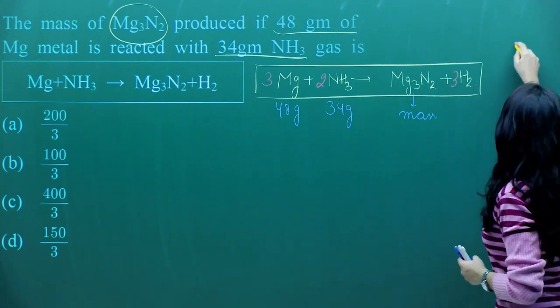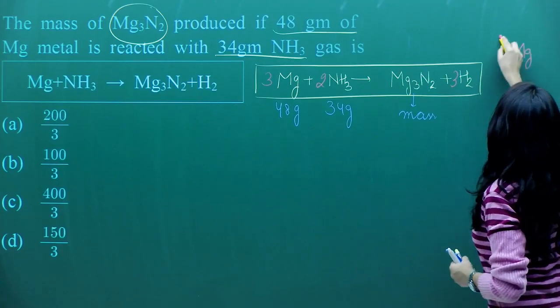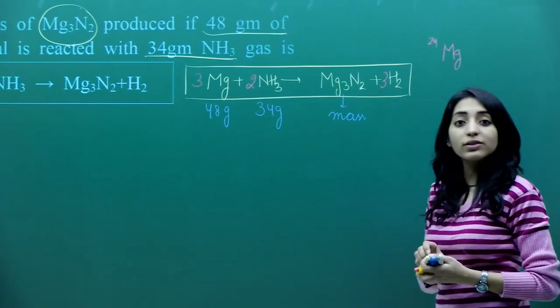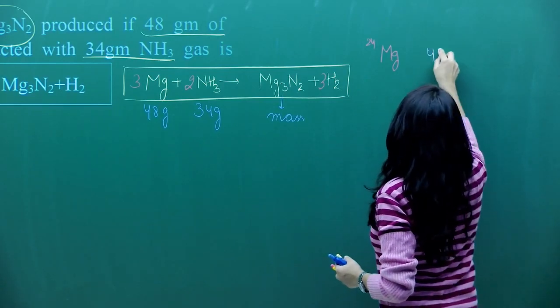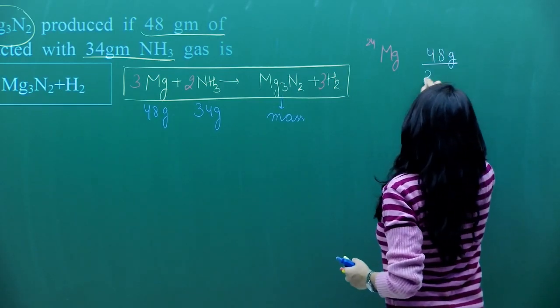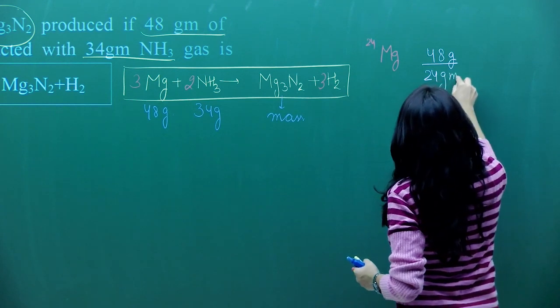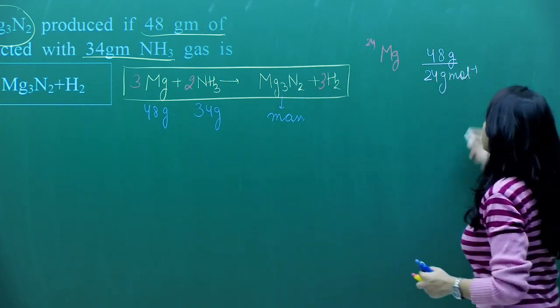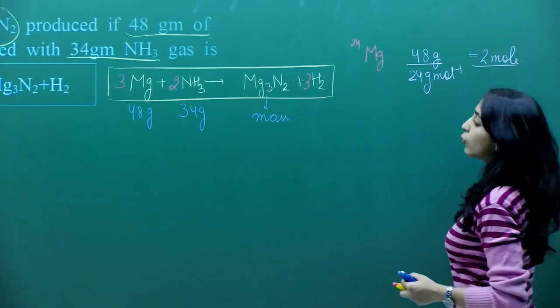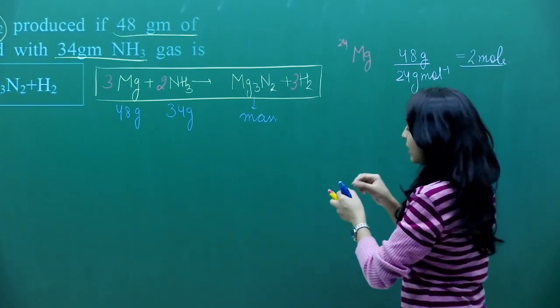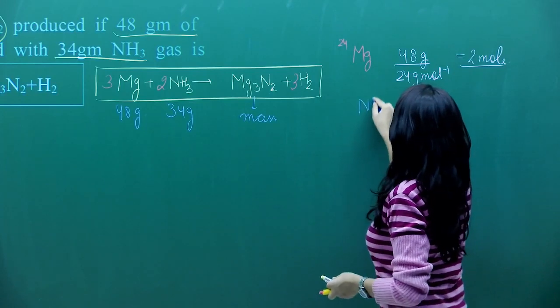Let's see. Magnesium, what is the molar mass? 24, right? It is 24 grams per mole. So how many moles of magnesium will be there in 48 grams? So 48 grams divided by 24 grams per mole, which will come out to be 2 moles. Am I right? Similarly, look for ammonia.